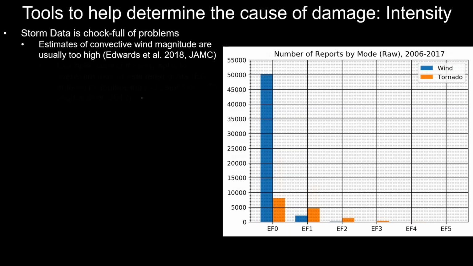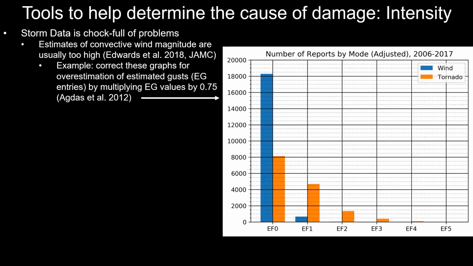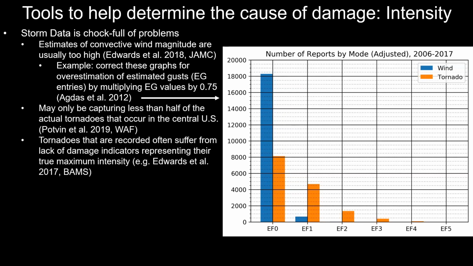If we apply a commonly used metric to try to reduce that overestimation bias, you notice that the transition becomes even more stark. Now you have a little bit less of a disparity in EF0 wind versus EF0 tornado, and way more EF1 tornadoes than EF1 winds, if you apply that estimated gust reduction to try to, again, remove some of that bias.